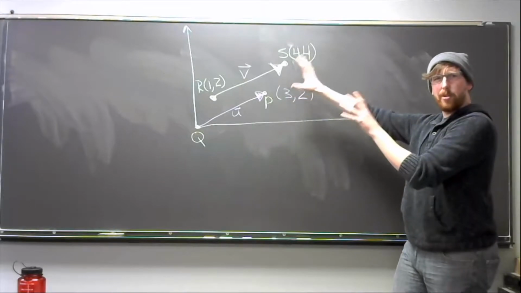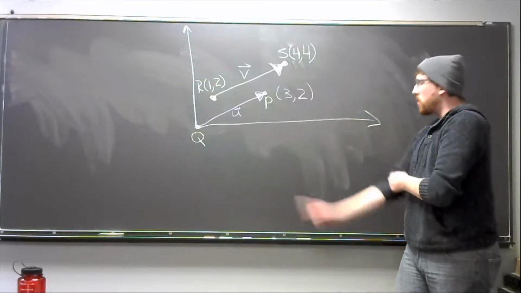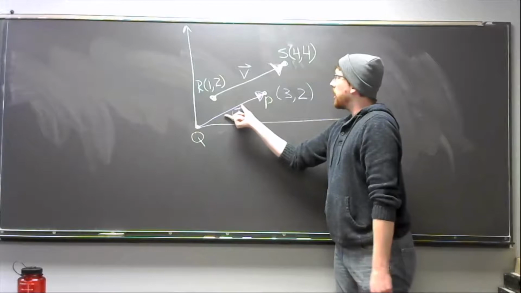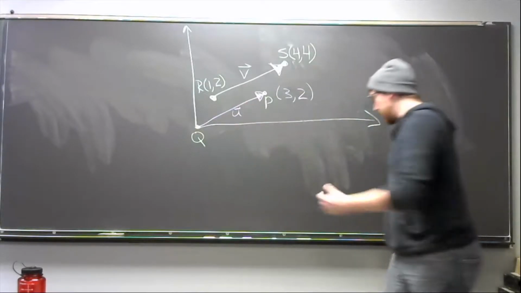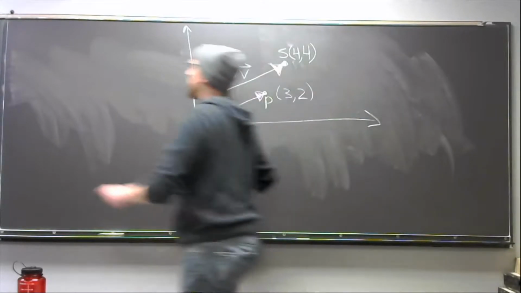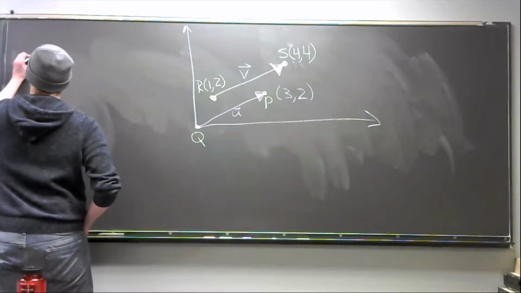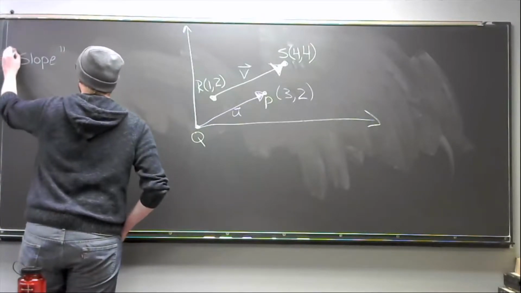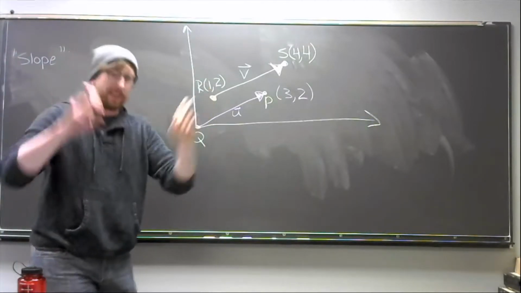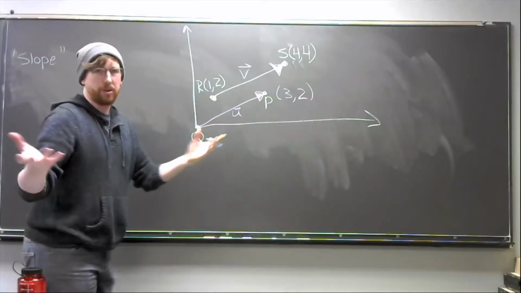Okay, well, how are we going to talk about that here? How are we going to talk about their directions? One way we can talk about their directions is by looking at the slope of these two vectors. Okay, so let's do that. The slope, in quotations, because it's not really the slope, it's not an equation, right?